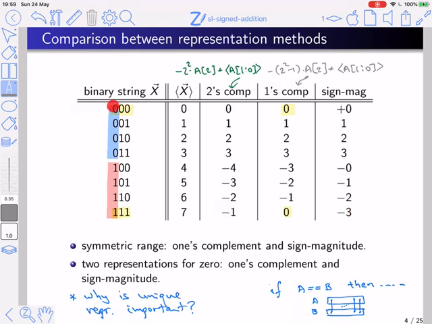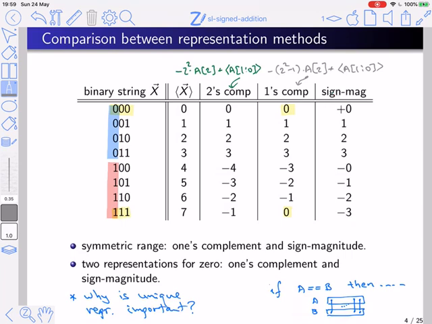We have the leading bit here, which is the sign bit. It could be either a 0 or 1. If it's a 0, the sign of the number is a plus. If it's a 1, the sign of the number is a minus. The remaining two bits represent the absolute value of the number. So it's 0, 1, 2, 3, 0, 1, 2, 3. This explains the sign magnitude representation.